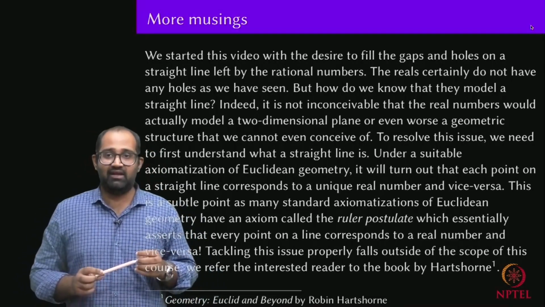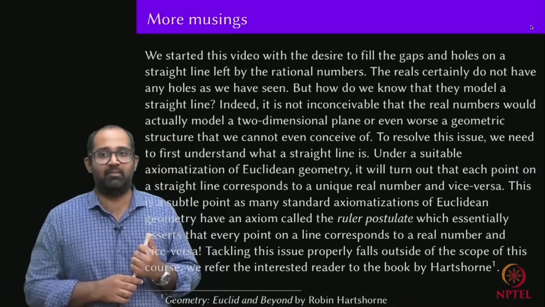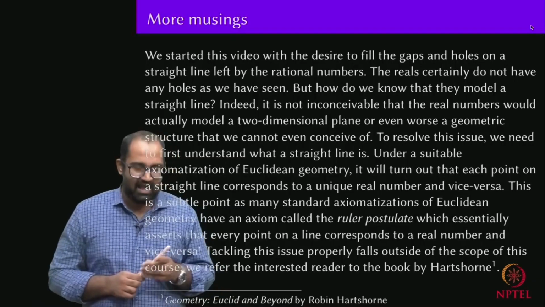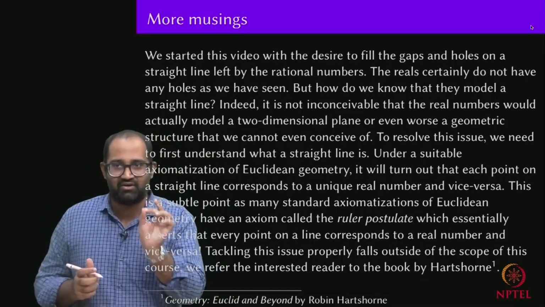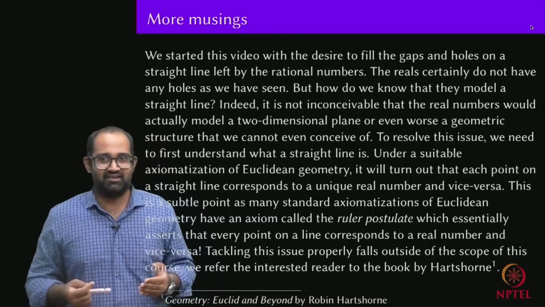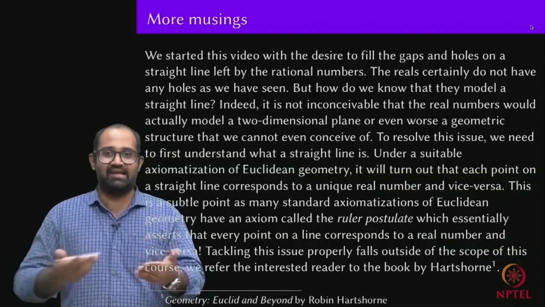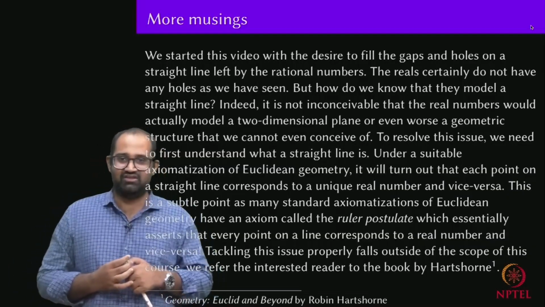Now, this is actually a very subtle point, because many modern axiomatizations of Euclidean geometry have this ruler postulate, which essentially says that every point on the line corresponds to a real number and vice versa. So, there are axiomatizations of Euclidean geometry which really say that the real numbers and the line are the same thing. Now, that is not really going to solve the issue, right?